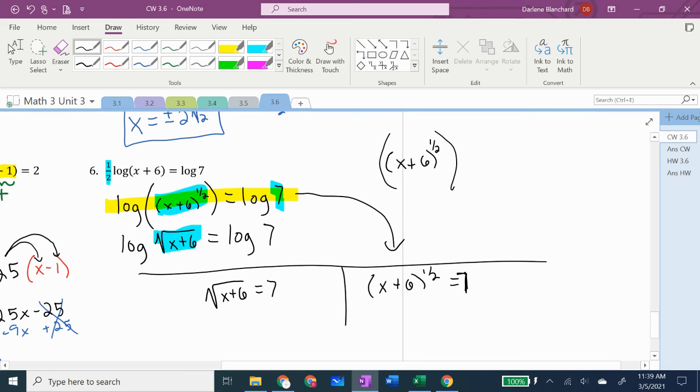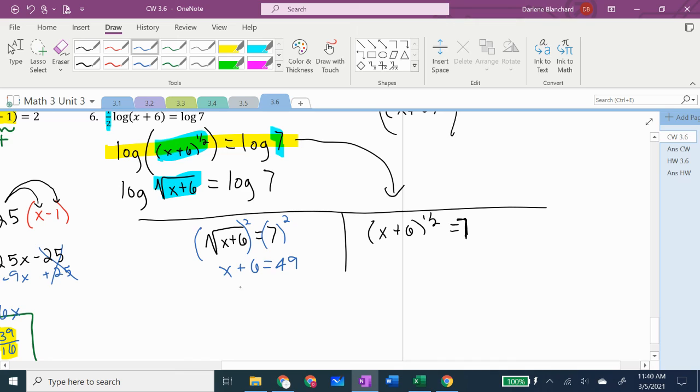With looking at it from the square root point of view, for some of you, you might more easily see that that means square both sides to undo the square root. That gives me x plus 6 equals 7 squared, which is 49. And then 49 minus 6 is 43, my possible answer.